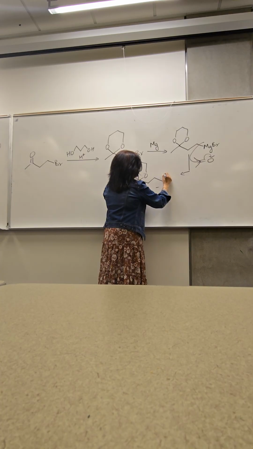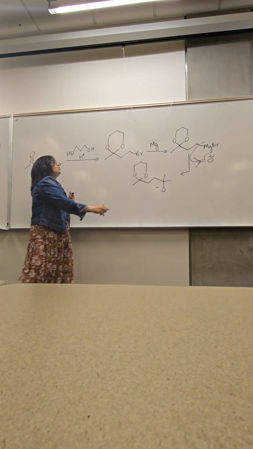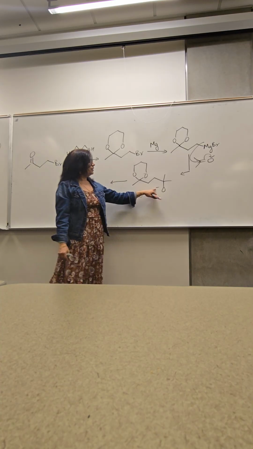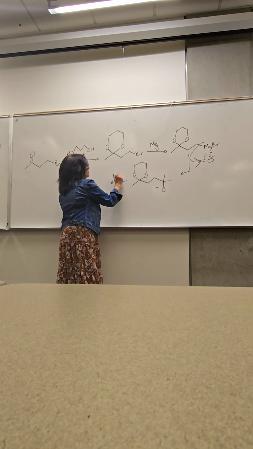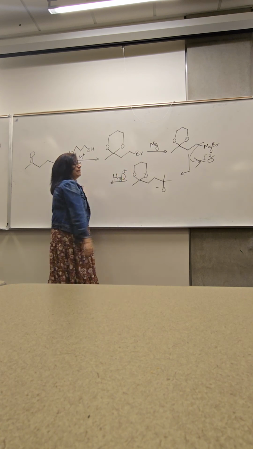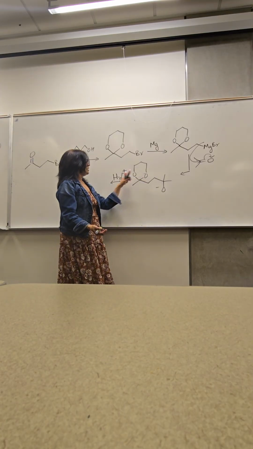Now we have O minus. What's our next step after that? What do we have to do to get rid of O minus? Protonate it using an acid, hydronium. That's when acetals are not safe. What happens to the acetal with hydronium?